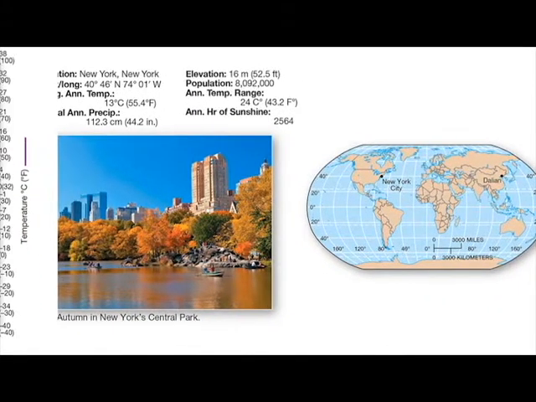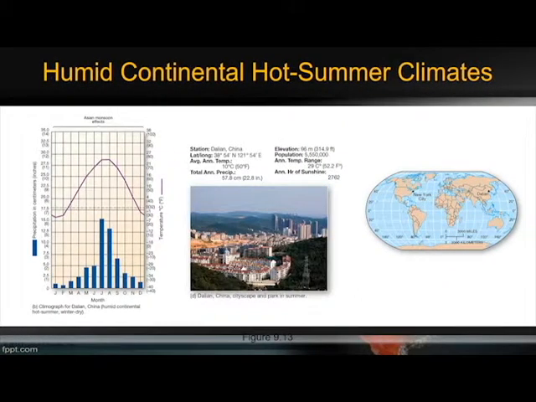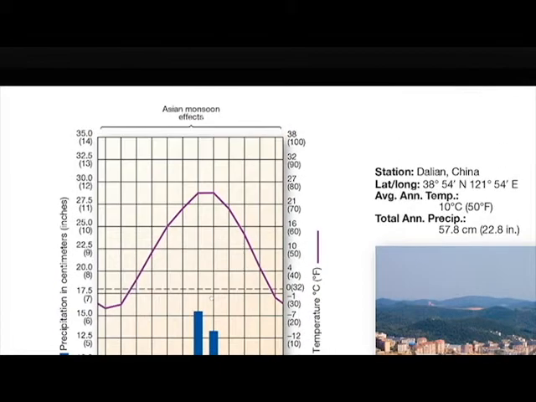New York also has something that, like in China, has a similar characteristic. Both of them will be humid continental of hot summer. The next one is still in the same category, but look at the signature. Even though it's a little farther, you can see the monsoon signature, where you have the monsoon effect.